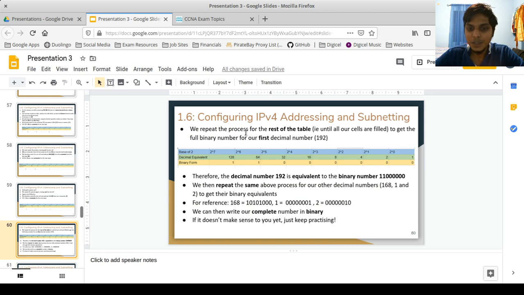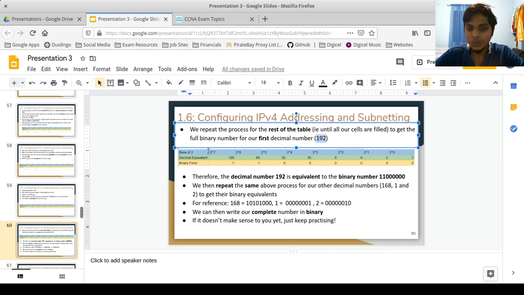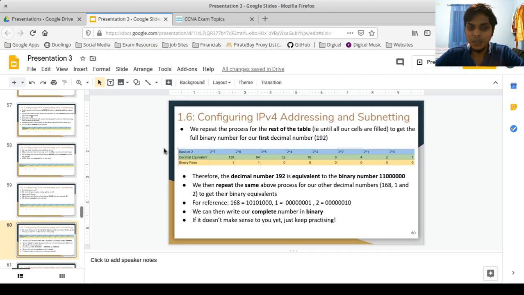So we repeat this process for the rest of the table, basically until all the cells here are filled, to get the full binary number for our first decimal number. So going back from the math, remember our number that we were trying to convert, our first decimal number ever, was 192. That was the decimal number that we were trying to convert into binary.